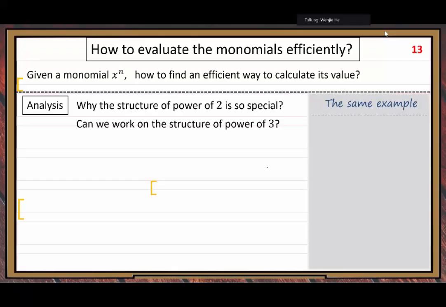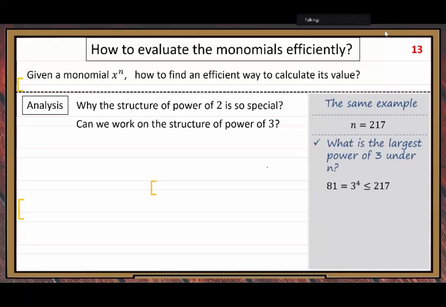This time, every time we extract the largest power of 3 under n. By analogy, first one, 81, is the largest power of 3 less than or equal to 217, because 3 to the 5th is 243, that's greater than 217.